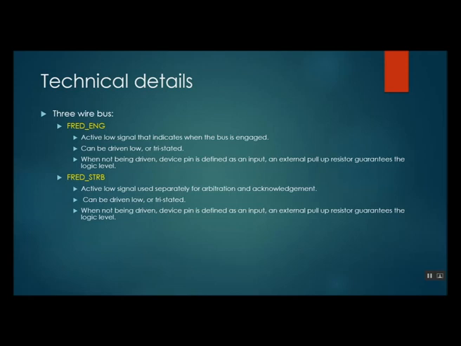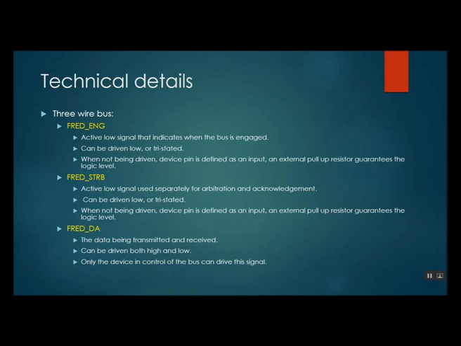It's used first off for the arbitration process and secondly for the acknowledgement by the receiver. It's driven in the same manner as the engage signal. The third signal is the data itself, and this line can be driven both high and low. And it's absolutely vital that only one device drives this at any given time.